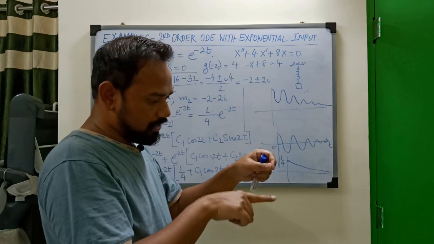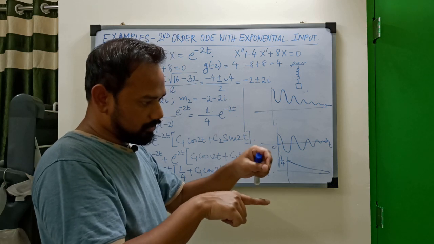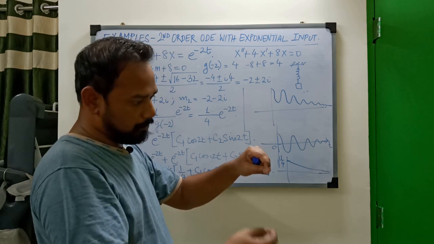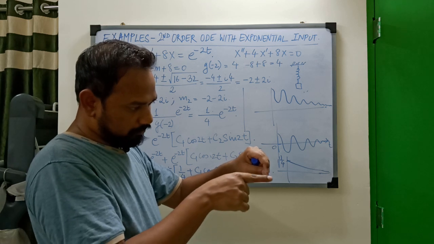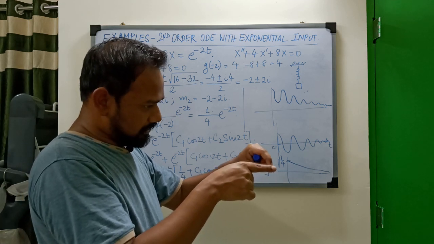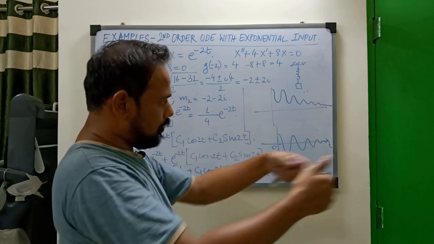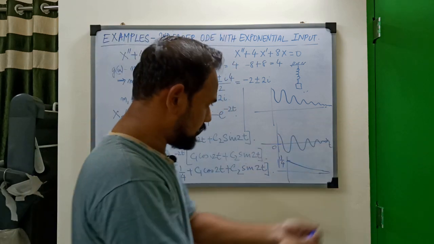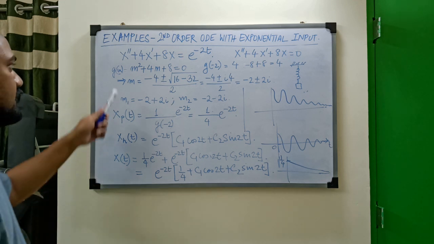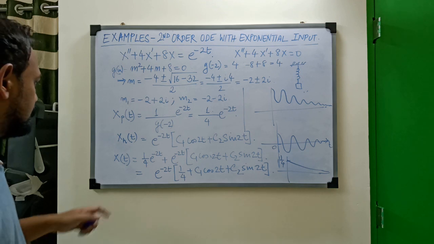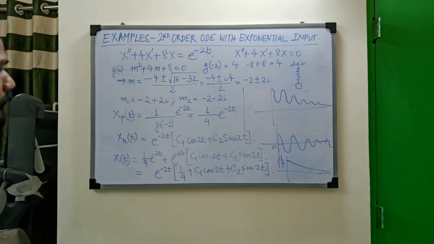Suppose this is the initial position before the body has been pulled, so it oscillates like that, and then it comes and stands still at this point after a long while as t reaches infinity. All right. So that's the analysis of the solution of this differential equation.